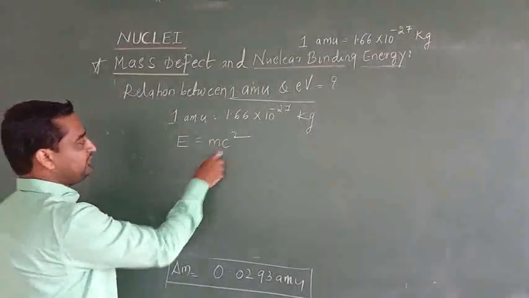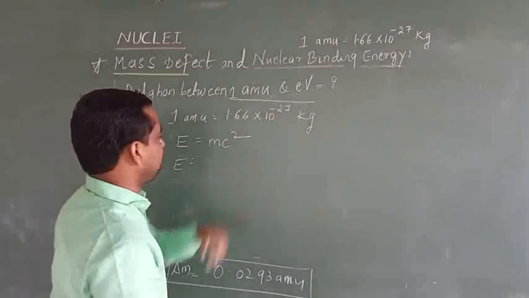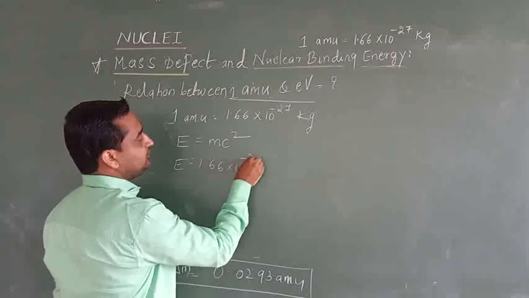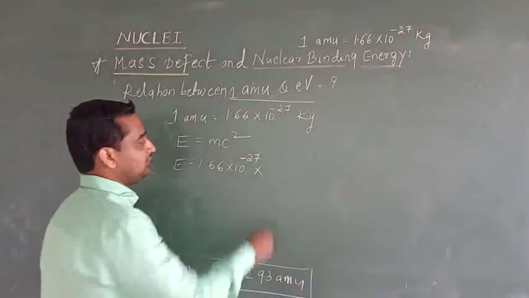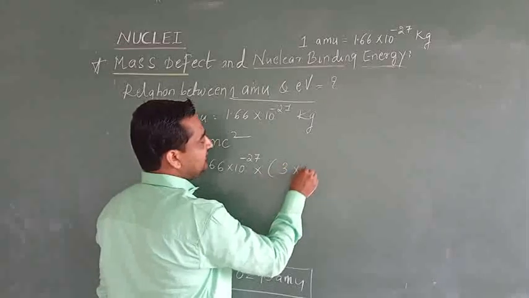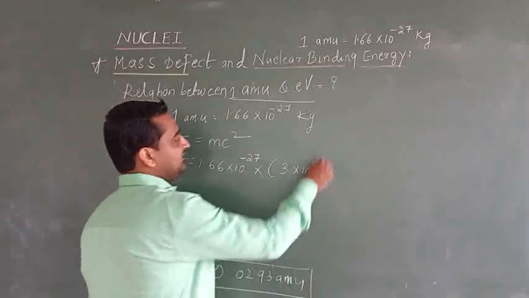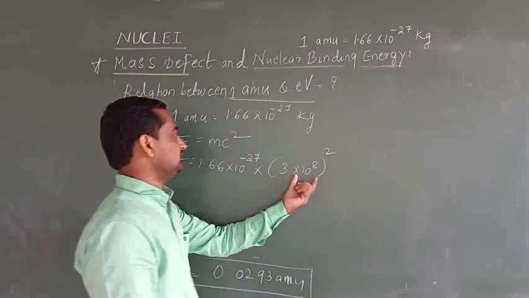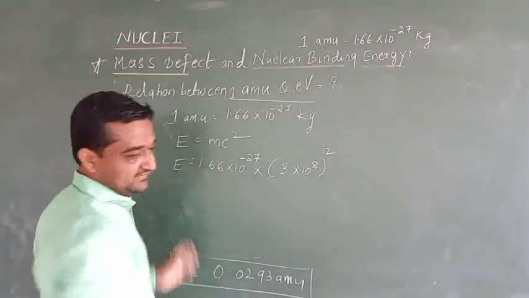So according to this relation, E is equal to mc square. So AMU we have written in terms of kg here, right? 1.66 into 10 to the power minus 27, and here c is the velocity of light, that is 3 into 10 to the power 8, whole square. Now multiply these two, you will get some answer.